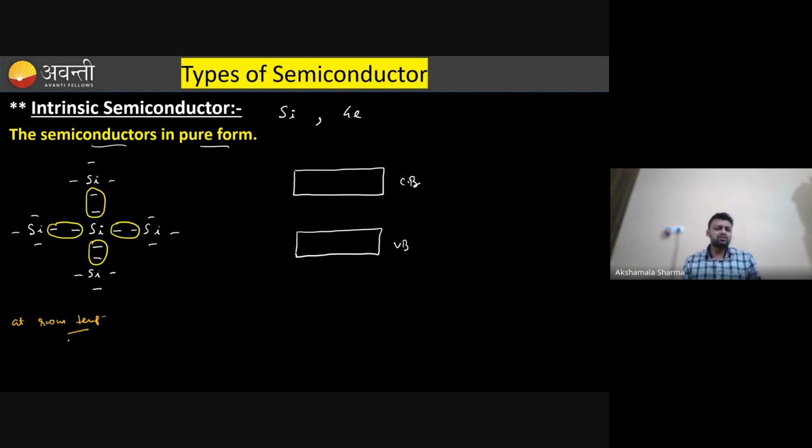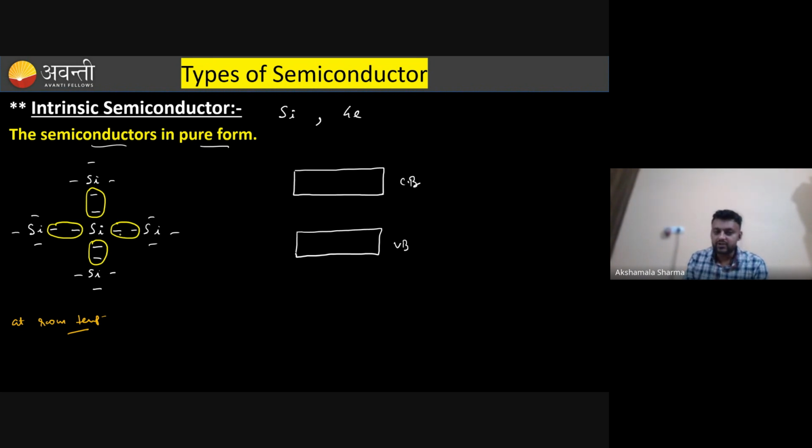Room temperature means 25, 26, 27 degrees Celsius. At this particular temperature, some of the covalent bonds will break. Room temperature means some heat is there, some external energy is there in the form of thermal energy. So due to this thermal energy, the bonds may break.